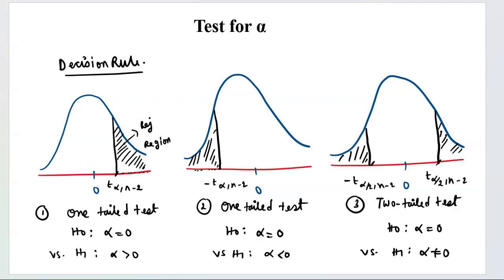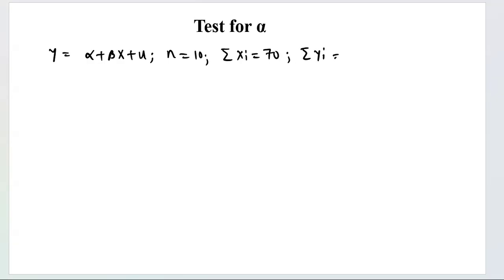I hope this is absolutely clear to you. Now let us solve one question on this. So suppose your regression model is y equals alpha plus beta x plus u. N is given to you as 10. Summation xi is given as 70. Summation yi is given as 80.